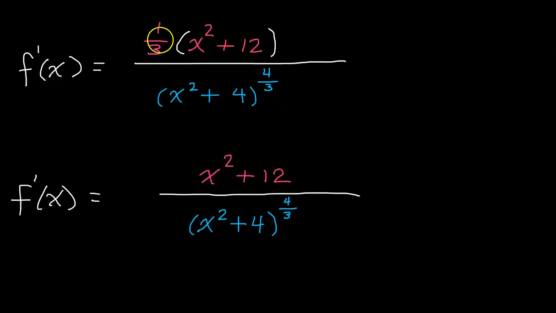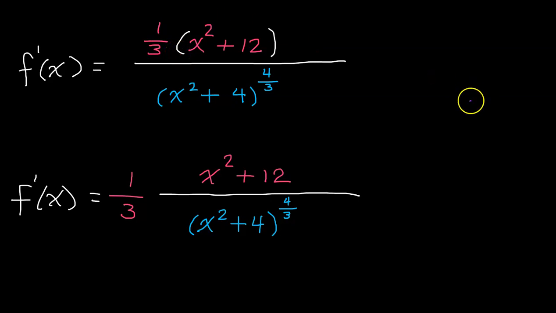For our final answer, we don't like having a fraction inside of a fraction, so let's deal with that. We can take this 1/3 and move it to the front. I'm sure you'll see that multiplying by 1/3 in the front and multiplying by 1/3 in the numerator are the exact same thing.